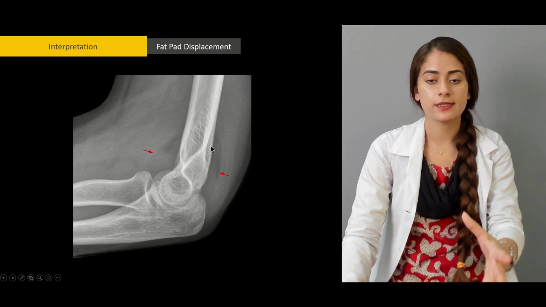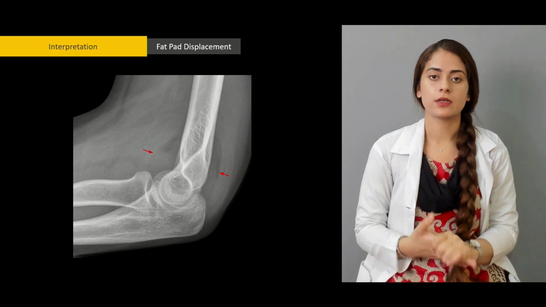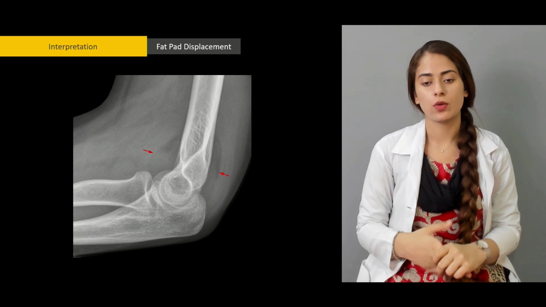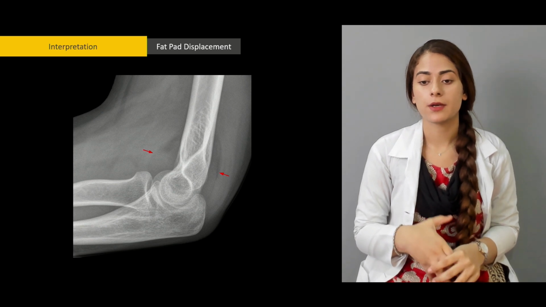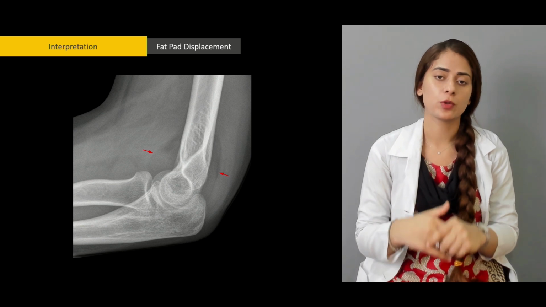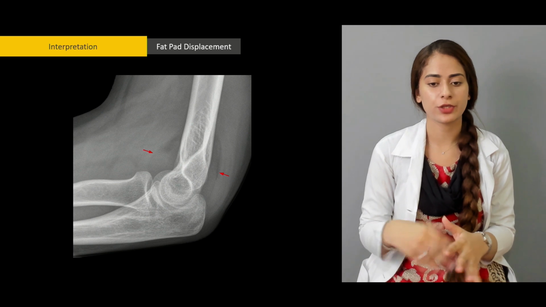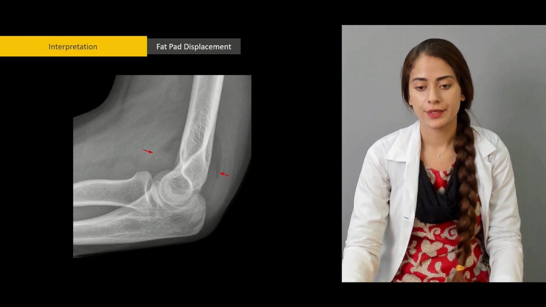So this is a little bit about the fat pads. The anterior is mostly always present, and the posterior fat pad is only visible if there is some fracture in the supracondylar or the radial head region.